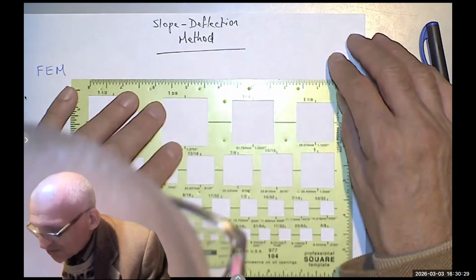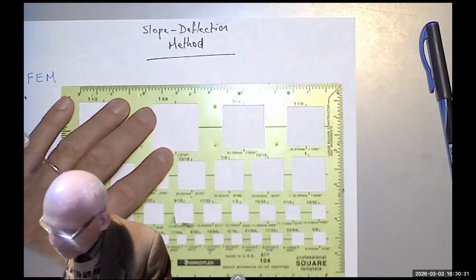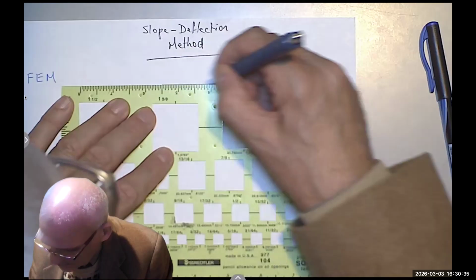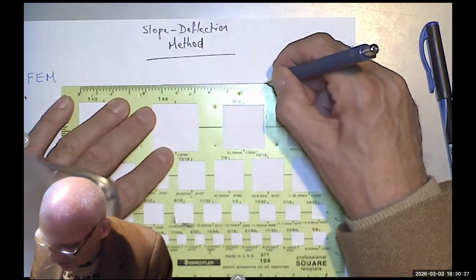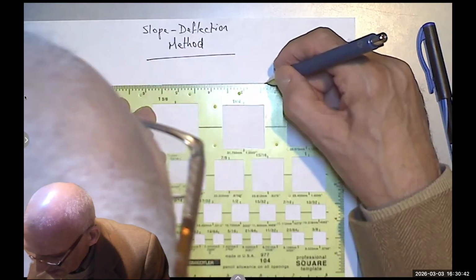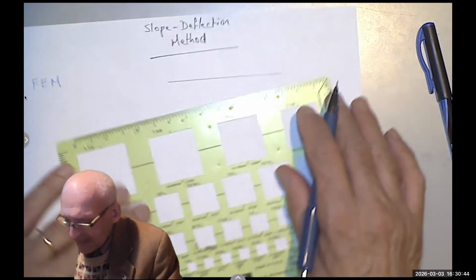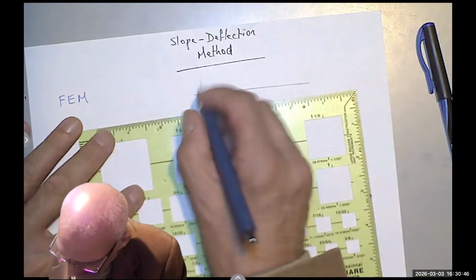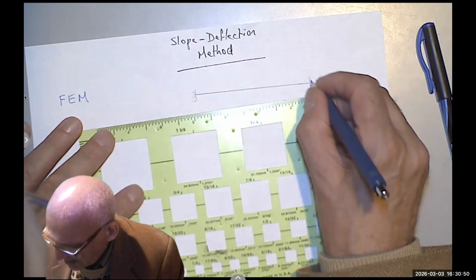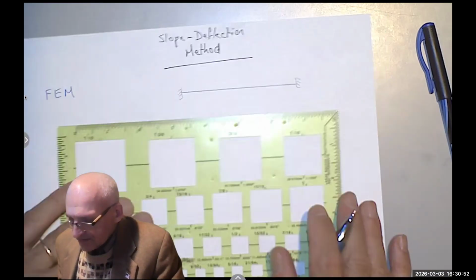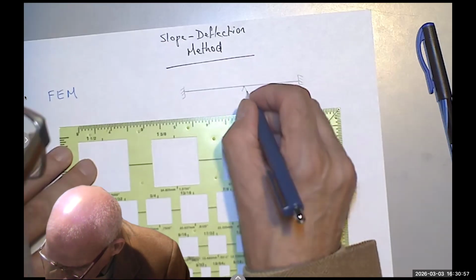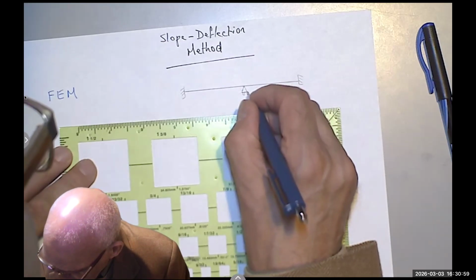Let's say we have a continuous beam. Well, it doesn't matter, I'm not going to draw it to scale. And let's say it's fixed on both ends. Oh my God, so that's already 3 unknowns. And then in the middle here, I have another support, a roller.